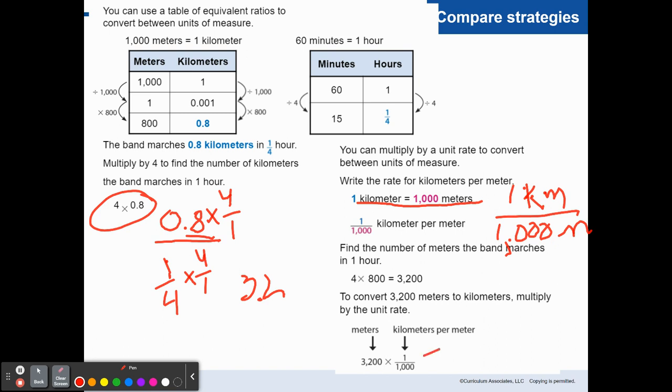So if we actually finish this out for them, we have 3,200 on top being divided by 1,000. All right. You could think of it as simplifying it, dividing it, whatever. But when you finish that out, it would be 3 2/10.